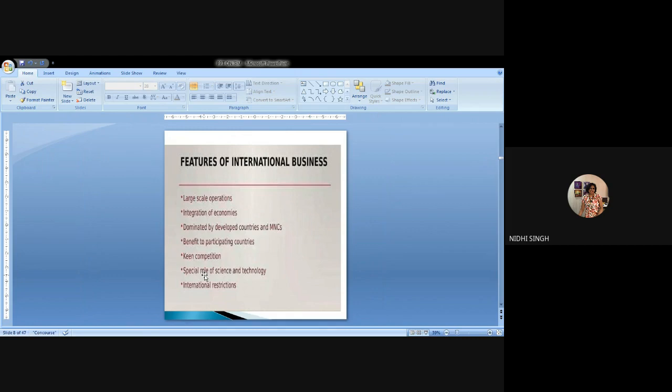Now, dominated by developed countries and MNCs. It is a fact that international business is always dominated by developed countries and multinational companies.